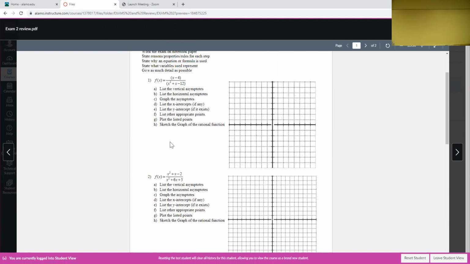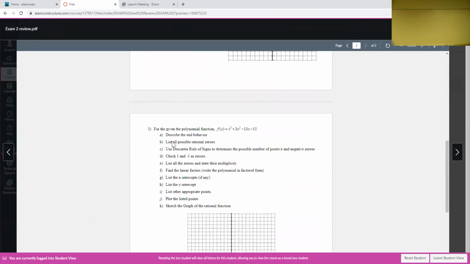The finding is finding the asymptotes, the intercepts, and other points. The doing is the graphing: you're graphing asymptotes, you're graphing points, and you're sketching the graph. So you have 8 things to do for number 1 and number 2. Number 3, you have these 11 things you're supposed to do.